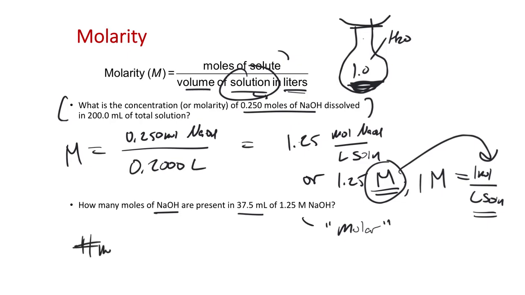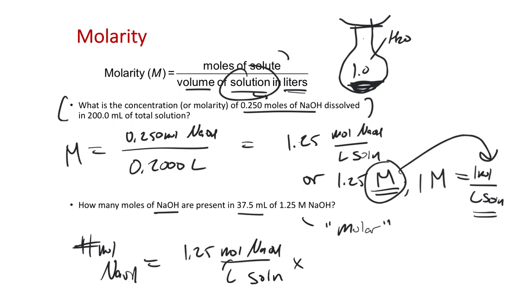If we're trying to solve for the number of moles of sodium hydroxide in this solution, I would start with the 1.25, but write this out explicitly. The reason I would write this out explicitly is it makes sure that we multiply by the 37.5 as opposed to divide by it. So it's liters of the solution. So I know that I need to multiply by 37.5, but in liters.